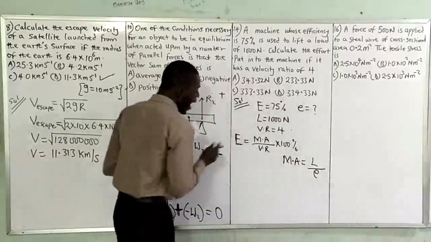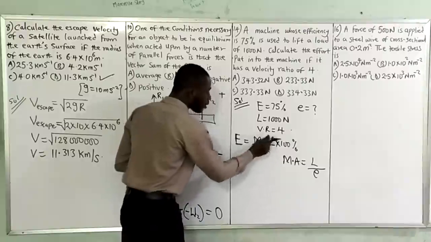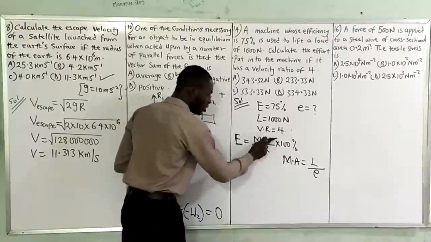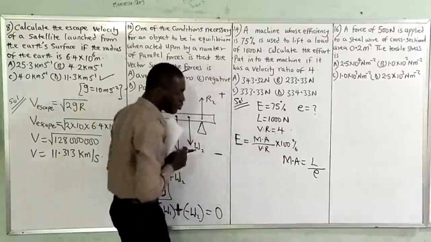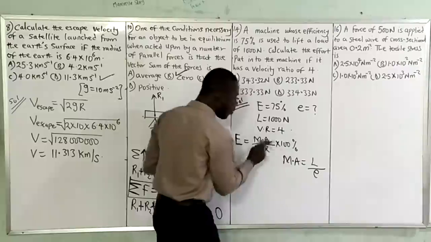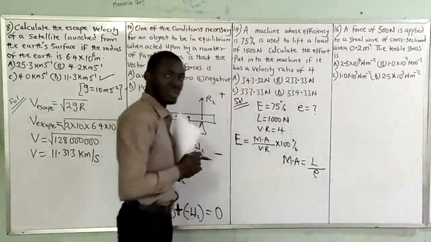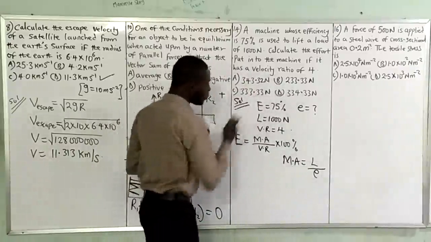So I know my efficiency, I know my velocity ratio. With that, I can calculate the mechanical advantage. Once I know my mechanical advantage, I put it in here. We know the load. Now we have calculated the mechanical advantage, we can easily calculate the effort that is needed in the question.